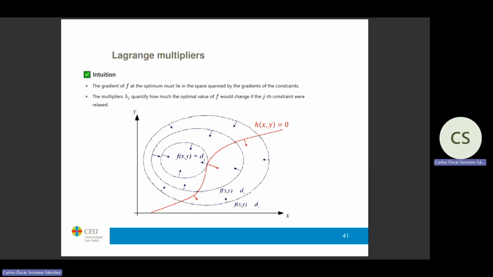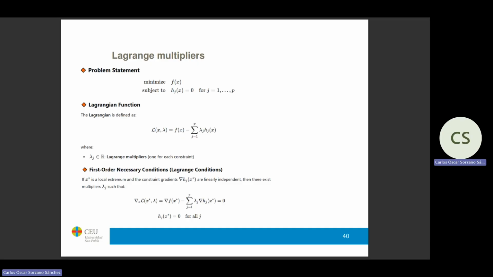Okay, good. So let's look at this equation. What is the meaning of this equation? This is a vector. These are various vectors.